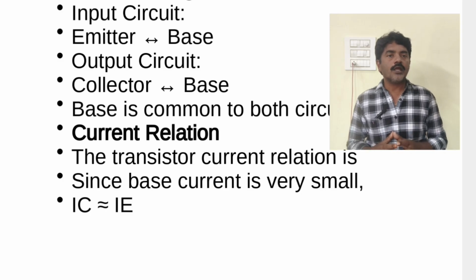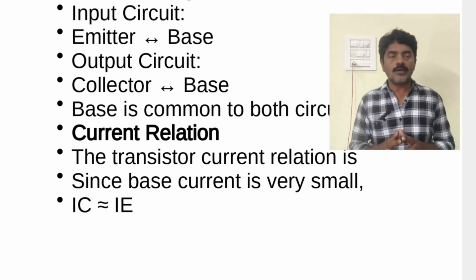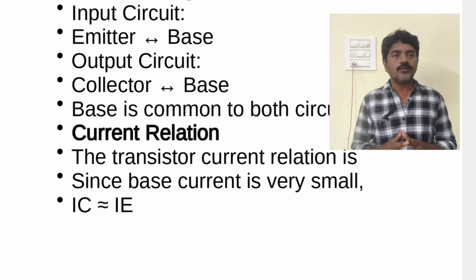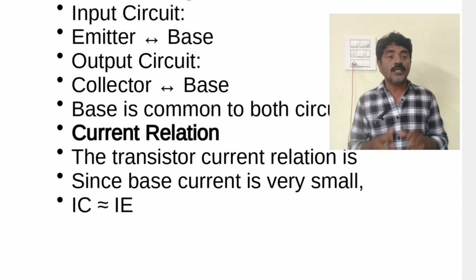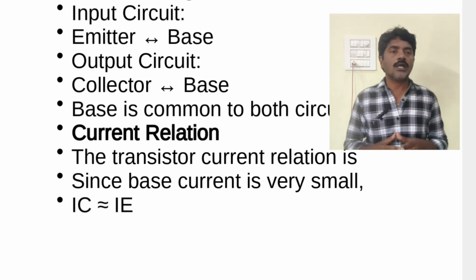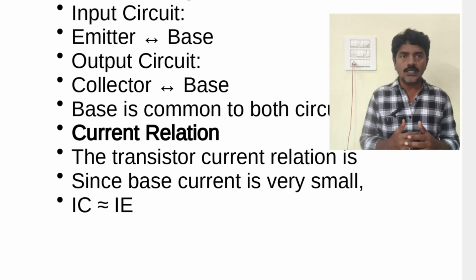Here, base current is very small, because in a transistor the base is very lightly doped. Recombination in the base is very small because it is lightly doped. The remaining current flows to the output terminal, that is the collector current.